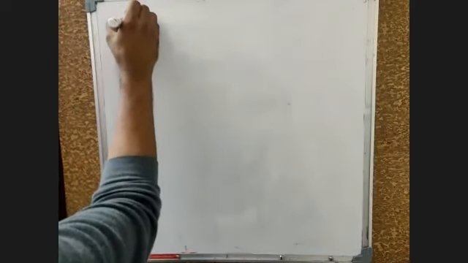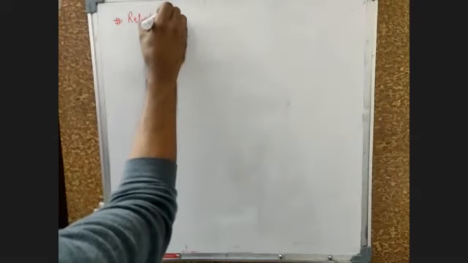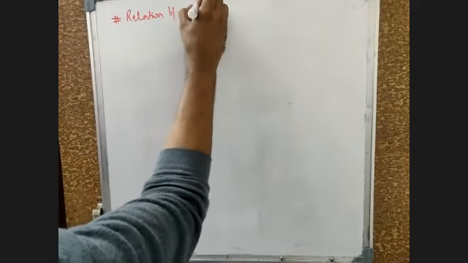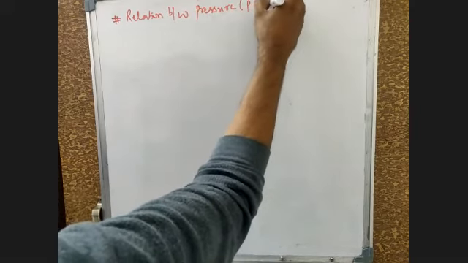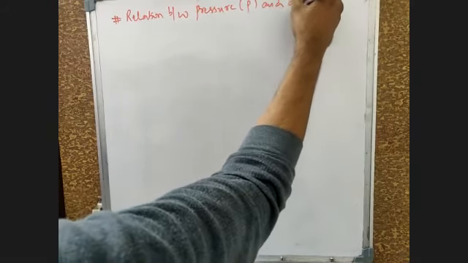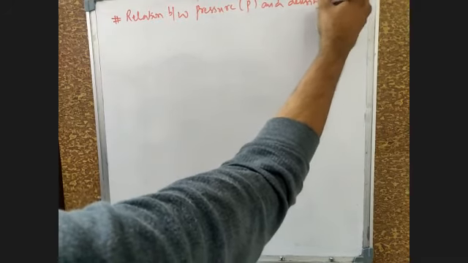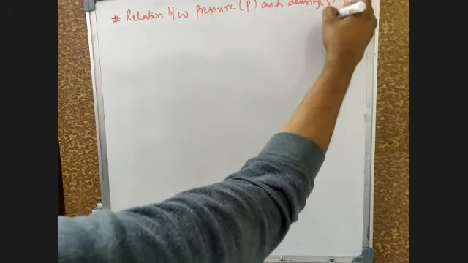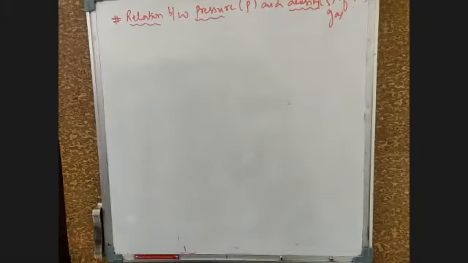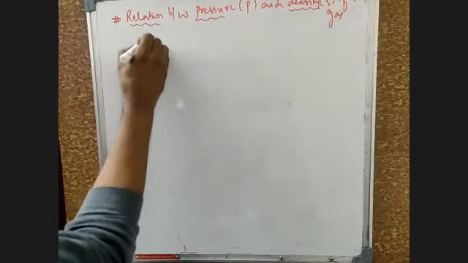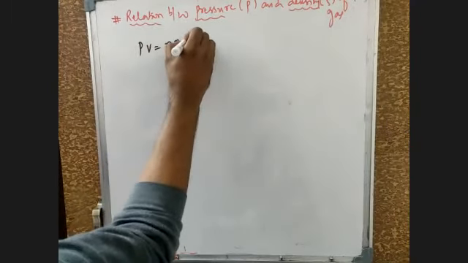Relation between pressure P and density rho of a gas. Use the ideal gas equation: PV is equal to nRT.